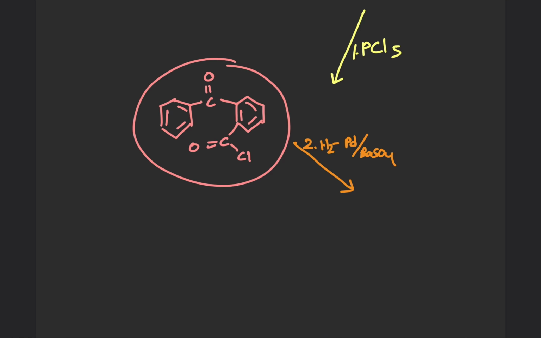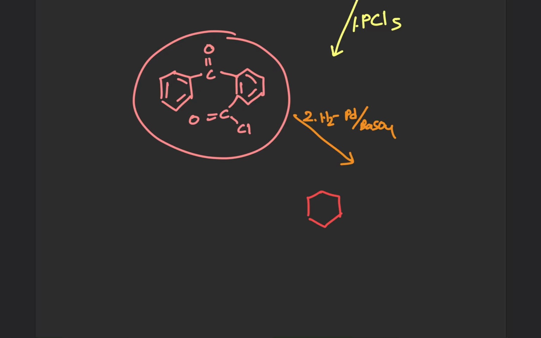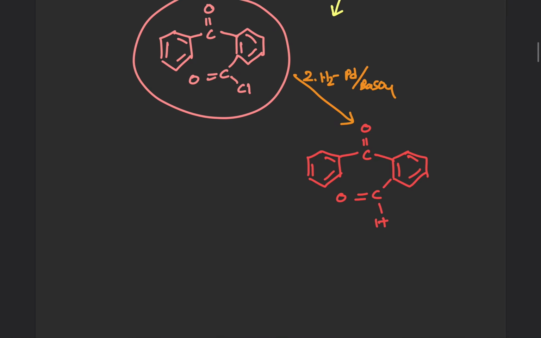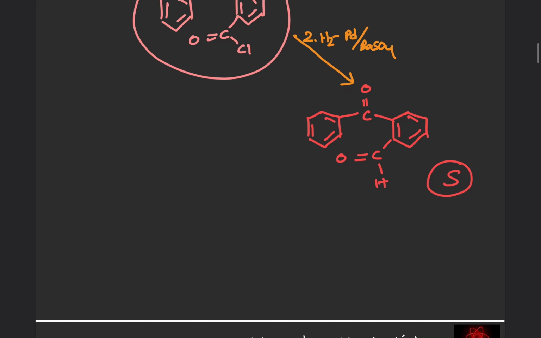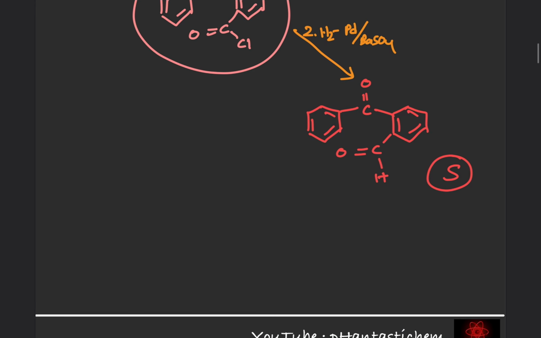So with respect to reaction, this compound in the presence of H2, Pd and BaSO4 will give me the corresponding aldehyde. So I will get benzene ring, C double bond O, benzene ring, and C double bond O H. So this is my S. Okay, then S reacts with NH2NH2, that is hydrazine, and heat, to give me T.